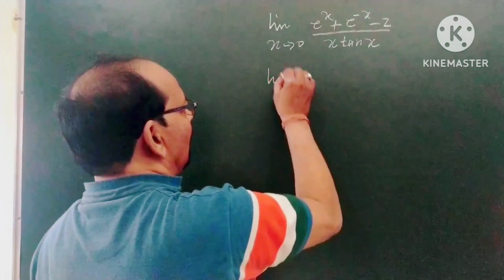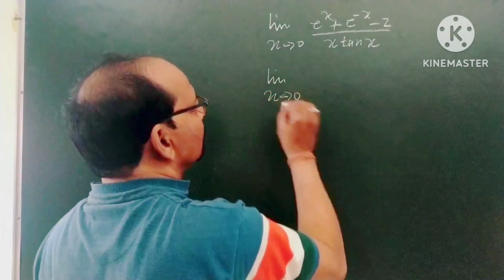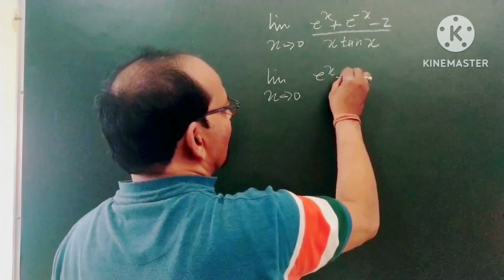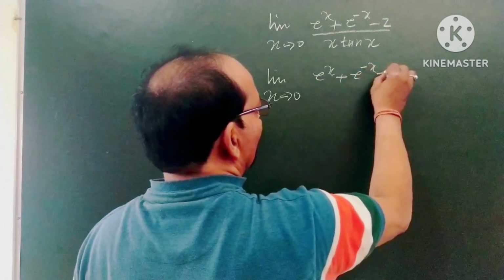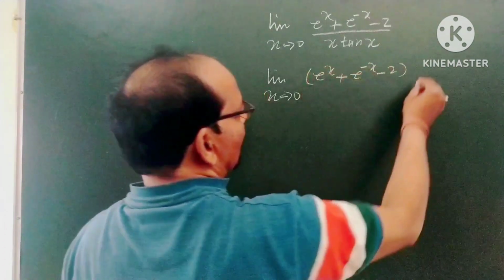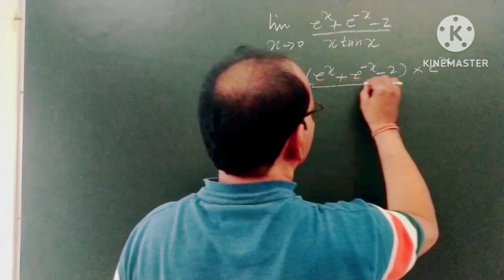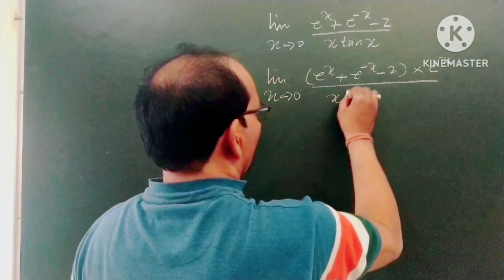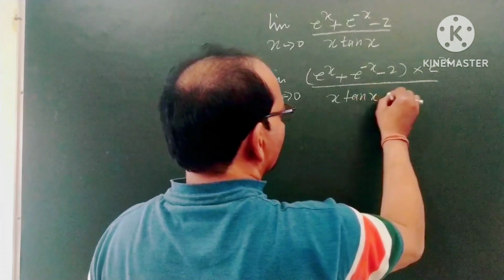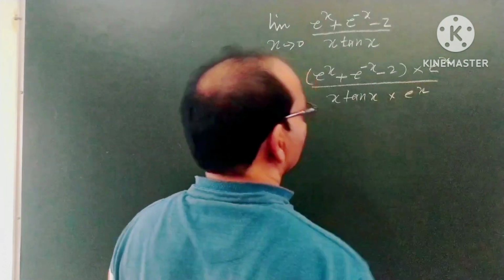We get limit x tends to 0, (e^x + e^(-x) - 2) multiplied by e^x, over x tan x into e^x.